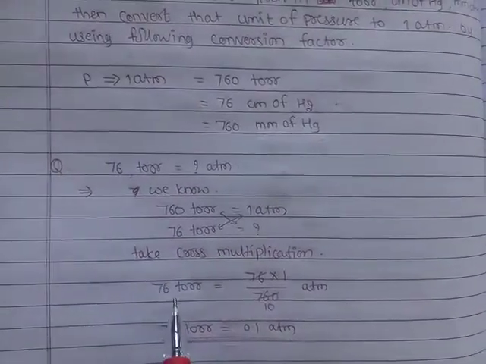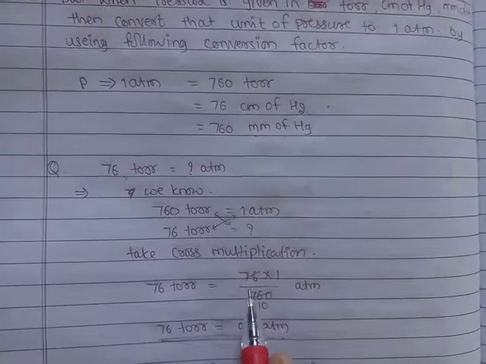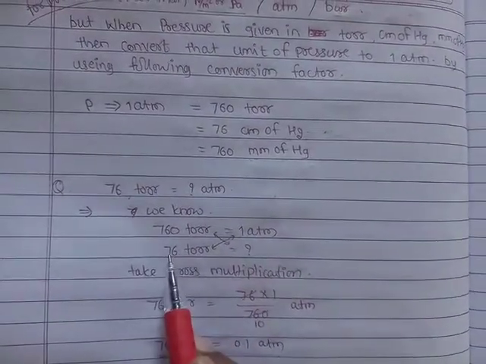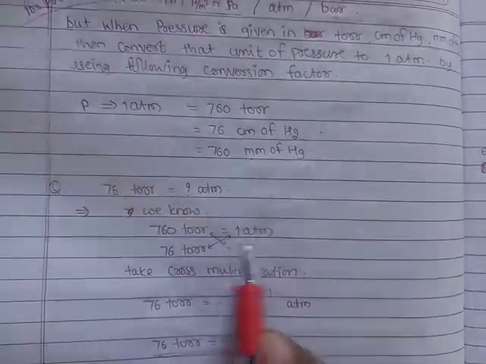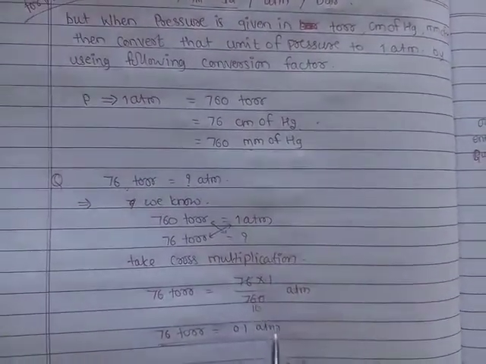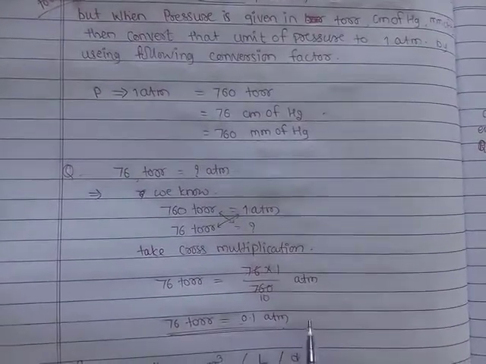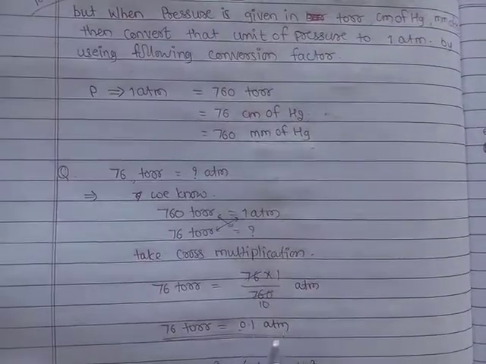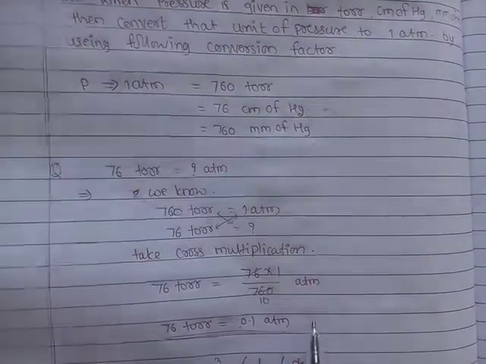By simply taking cross multiplication, we will get our answer. Means 76 torr is equal to 76 into 1 divided by 760. Okay, we will get 0.1 atm as our answer. Means 76 torr is equal to 0.1 atm.